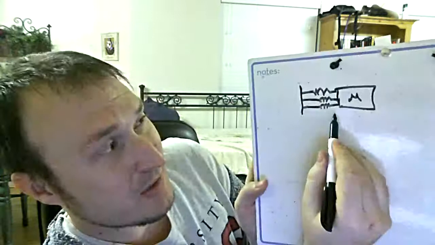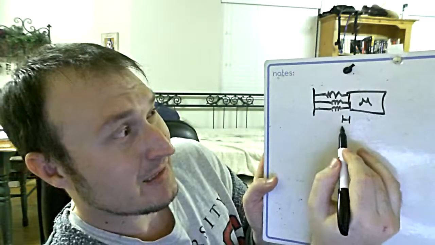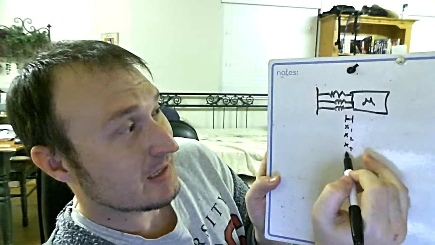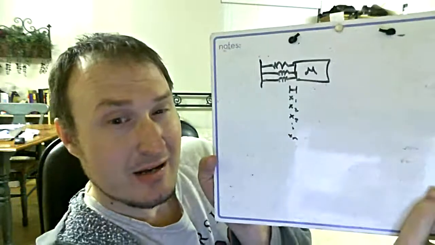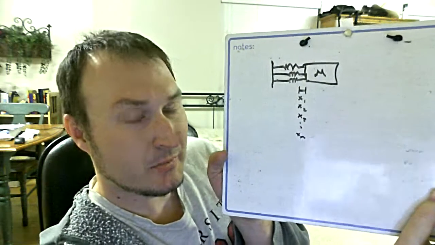Now what's to note here is that they all get displaced. This is x1, x2, x3, dot dot dot, x sub n, however many springs you have there. Obviously those are all going to be the same. They're going to be equal to the total displacement.